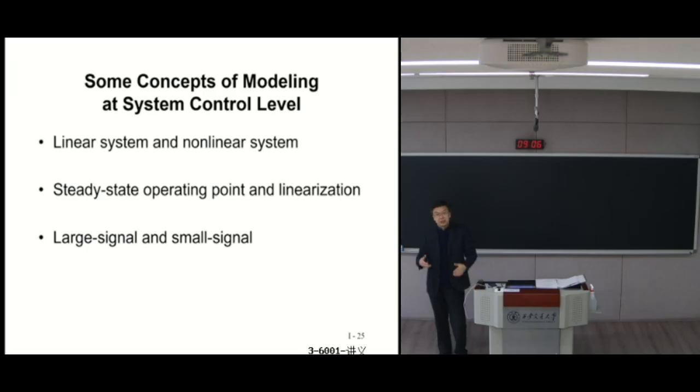If it can still be considered as a linear system, no matter how large the magnitude of disturbance is, because it's still a linear system, then I can still consider this as a small signal disturbance because I can still adopt all the methods for a linear system.